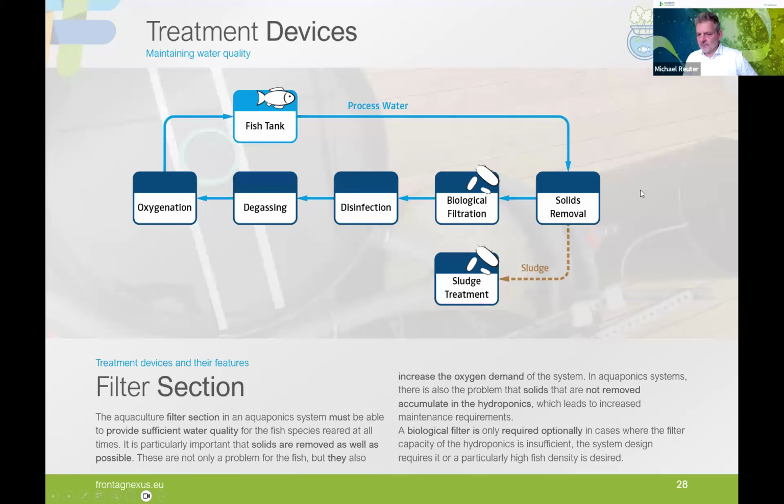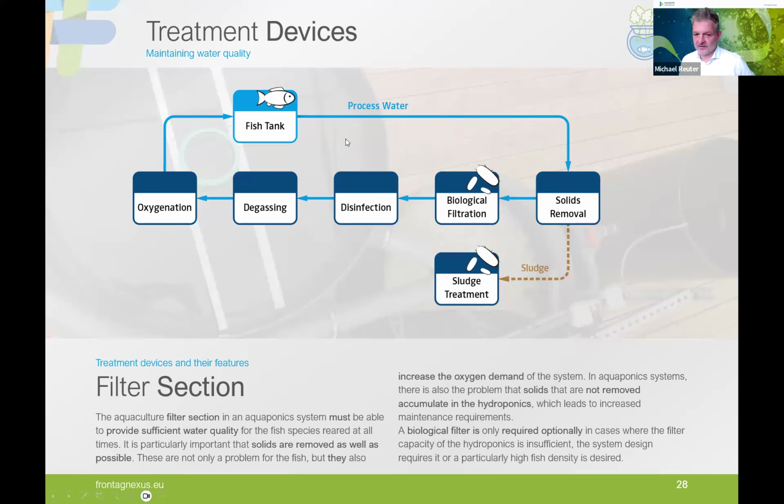And this order is quite important because the first thing that we always want to do is to remove solids, because solids have a negative impact on biological filtration and also all the other steps that we see here, one after the other. Second step will be, in general, biological filtration, so transforming ammonia into nitrite and nitrate.